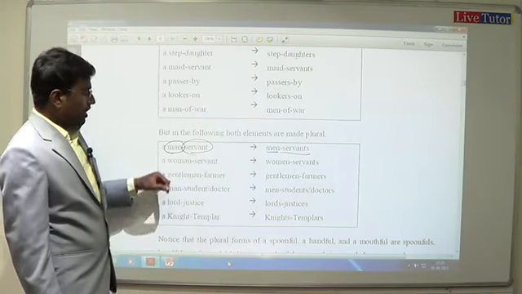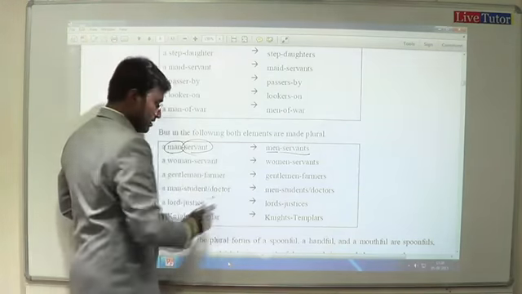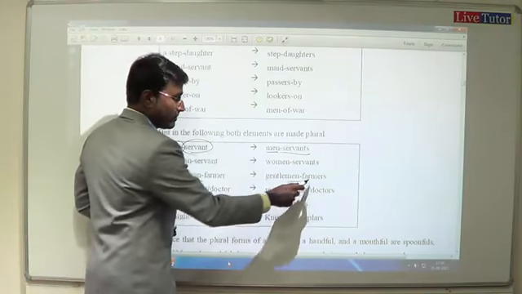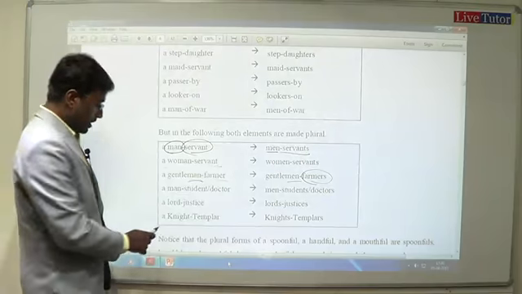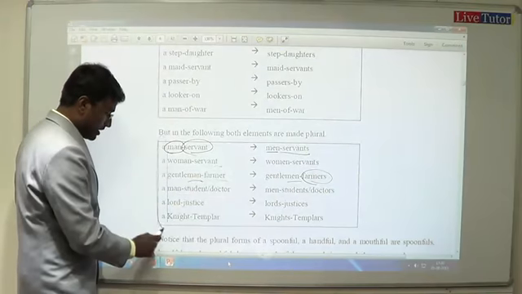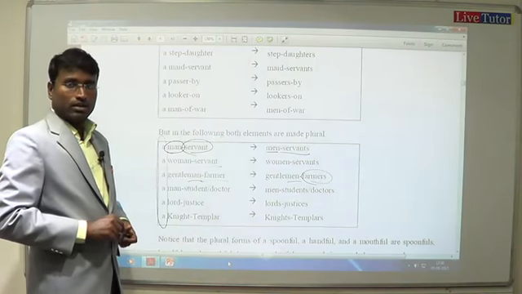Then a gentleman farmer, gentlemen farmers. Here also the same thing is applied: the absence of the indefinite article a.